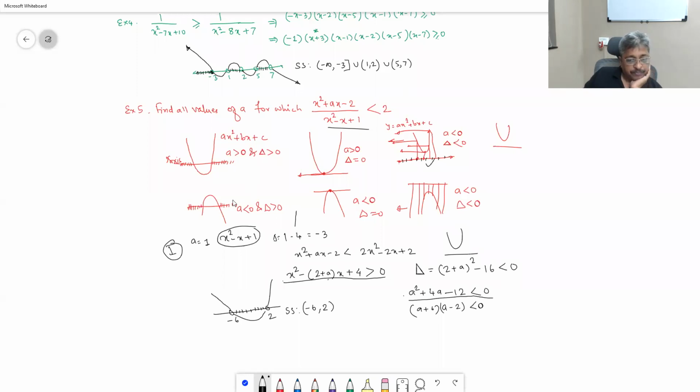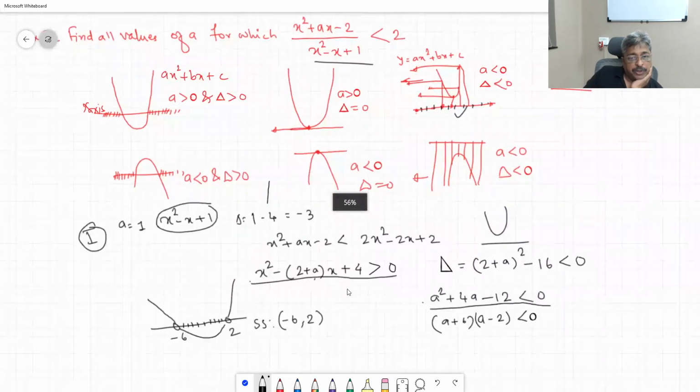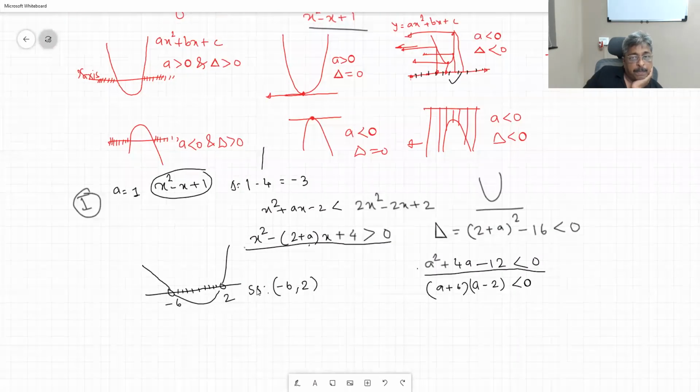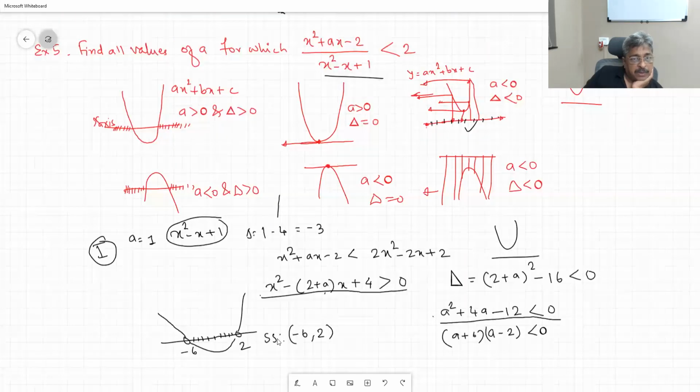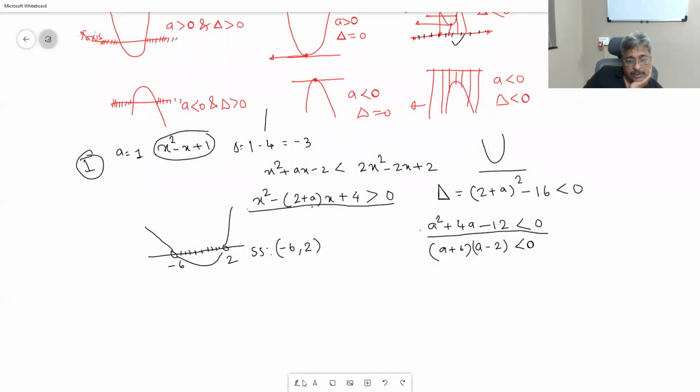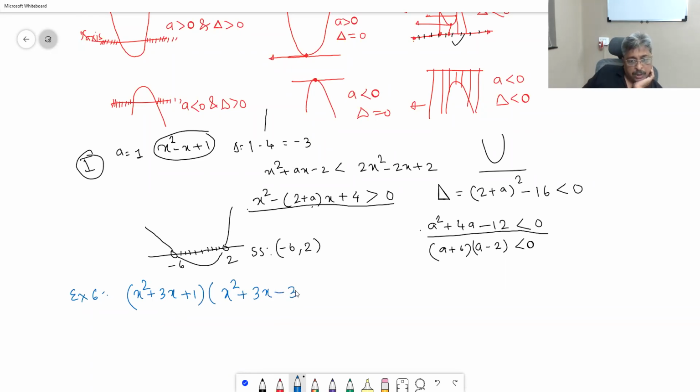Next problem. Example number 6. x square plus 3x plus 1 into x square plus 3x minus 3 should be greater than or equal to 5.